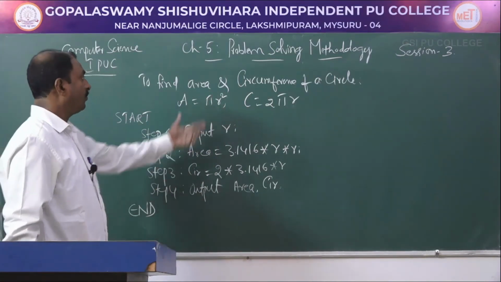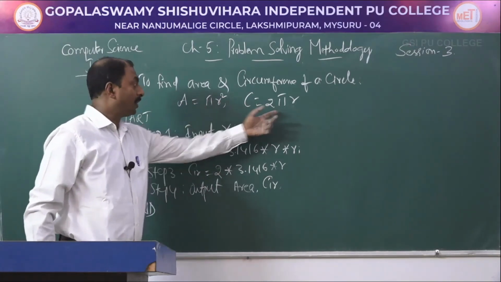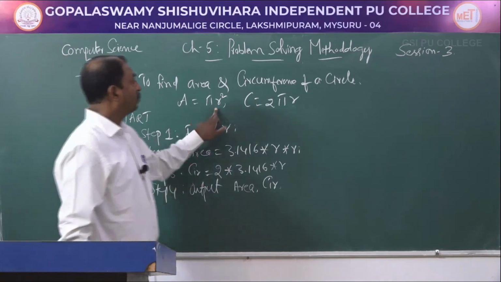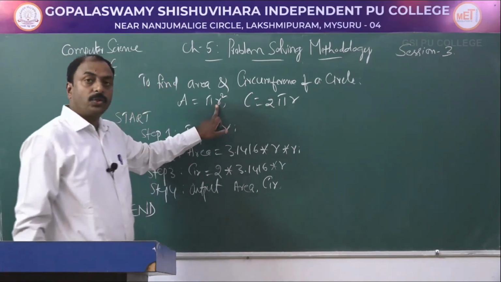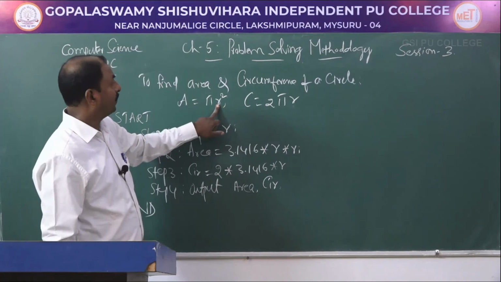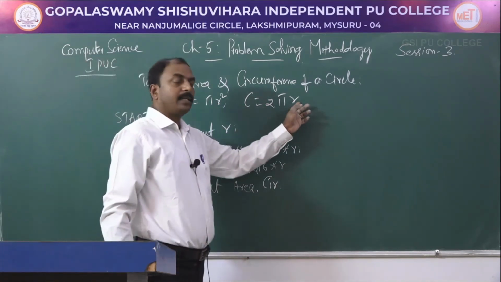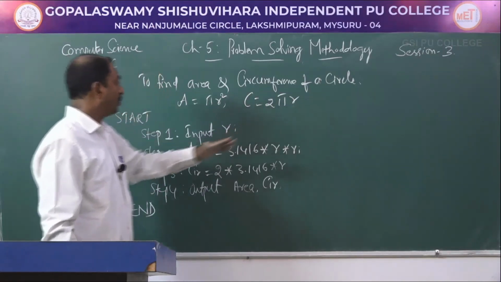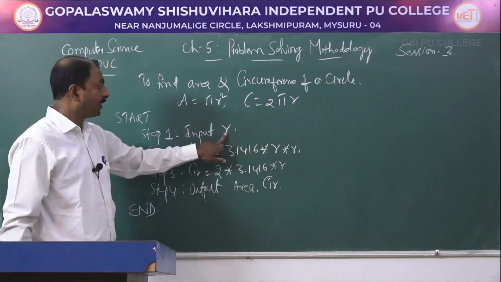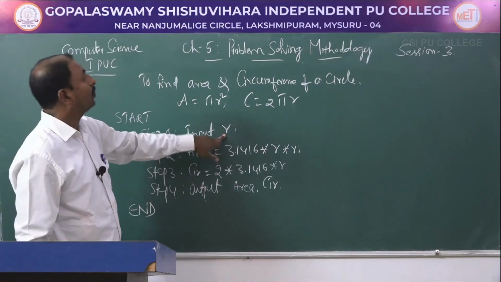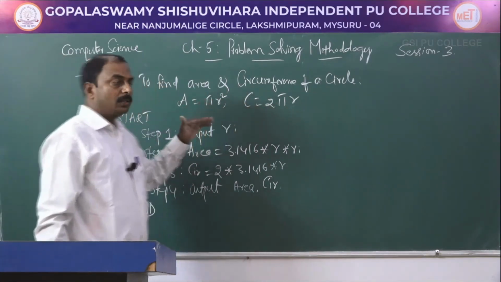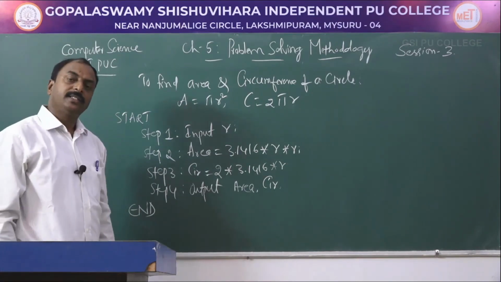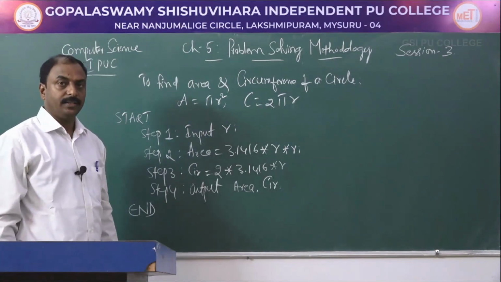In this example, we have used 2 formulas, and make a note that there are not 2 values of r. We should not input radius separately for each formula. The radius is the same, so if you input only once, it takes the same value for both formulas. So this is an algorithm to find area and circumference of a circle.